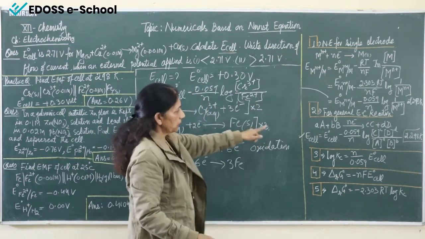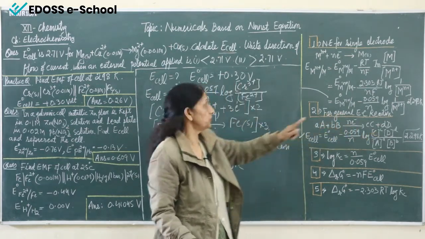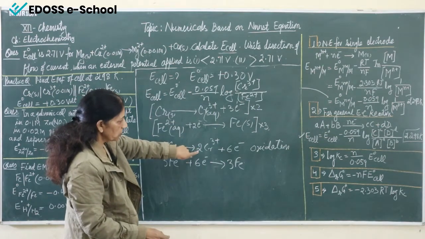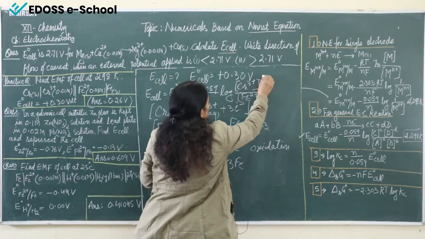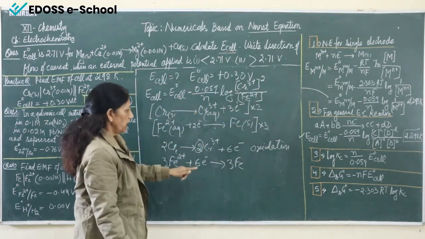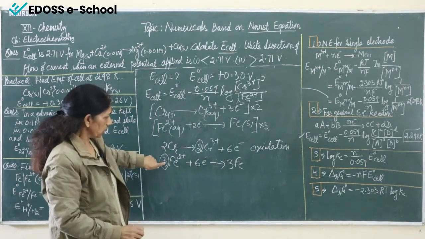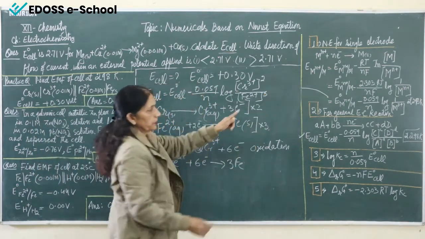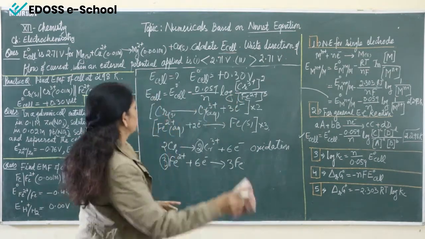Now see here, in the equation we have to raise the power to the stoichiometric coefficient. Chromium has stoichiometric coefficient 2, so chromium we will raise to the power 2, and Fe has stoichiometric coefficient 3, so this will be raised to the power 3. Okay. Now you can solve the question.